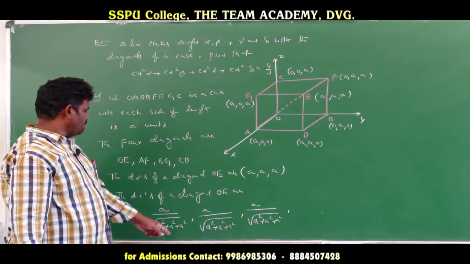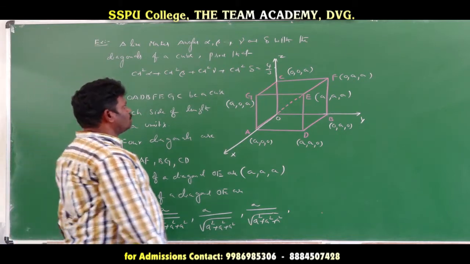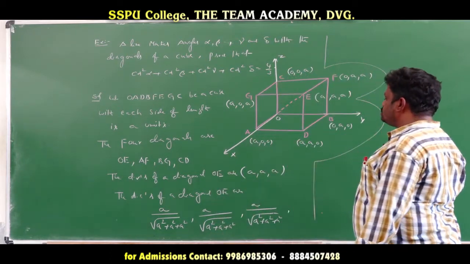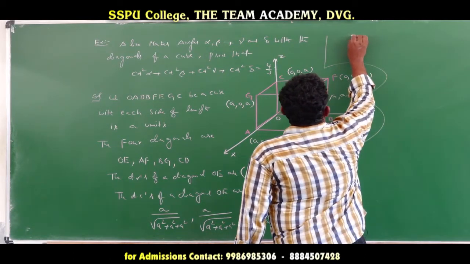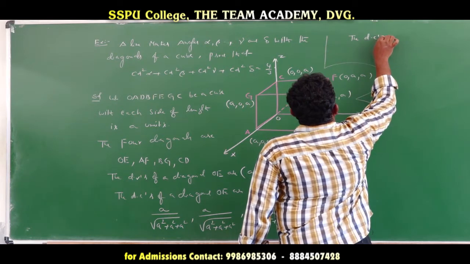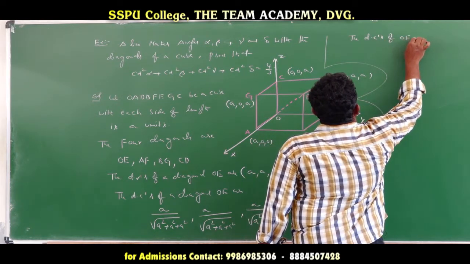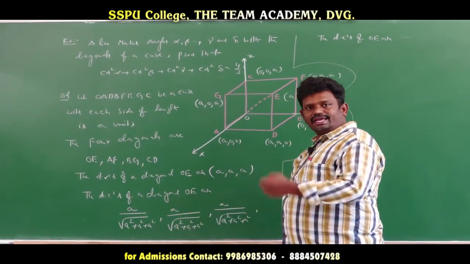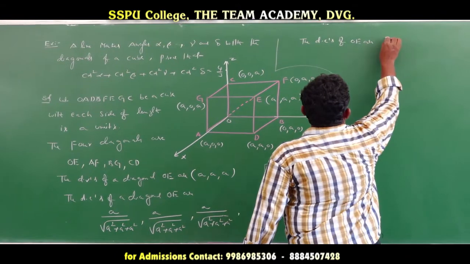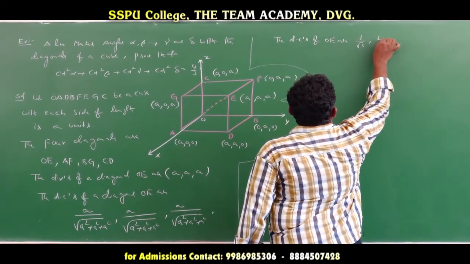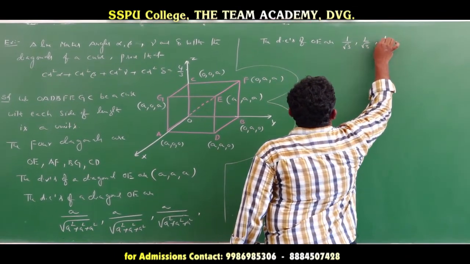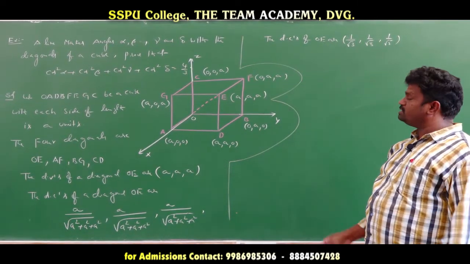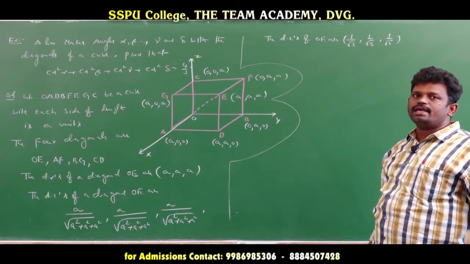So the direction cosines of OE are: a by root of 3a square, with a common, so 1 by root 3, 1 by root 3, 1 by root 3. These are the direction cosines of diagonal OE.